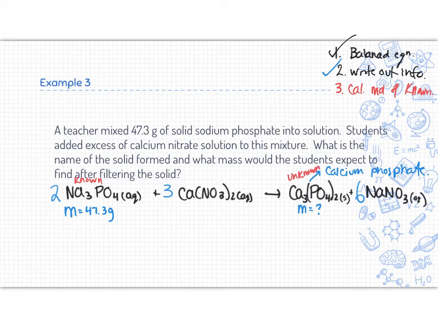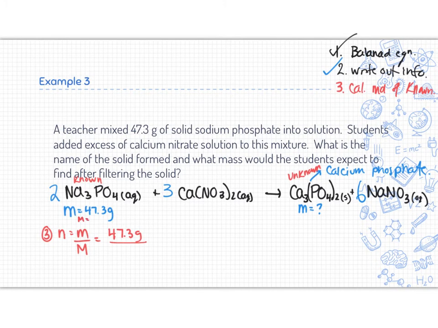To calculate moles of my known, I'm going to use the same formula as we did last time. n is equal to little m over big M. So 47.3 grams divided by, we need to calculate sodium phosphate's molar mass. If you pause now and do that, we'll compare answers. I got a molar mass of 163.94 grams per mole. So let's put that in here.